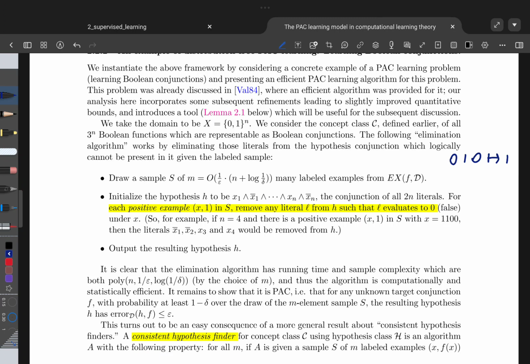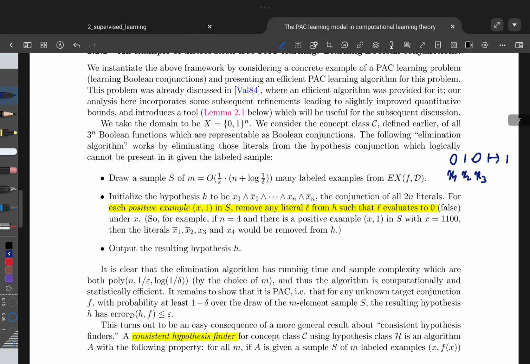In this case, x1 equal to 0, x2 equal to 1, and x3 is equal to 0. So you can say that the function will not have x1 and x3 in it. And why? Because they would be equal to 0.